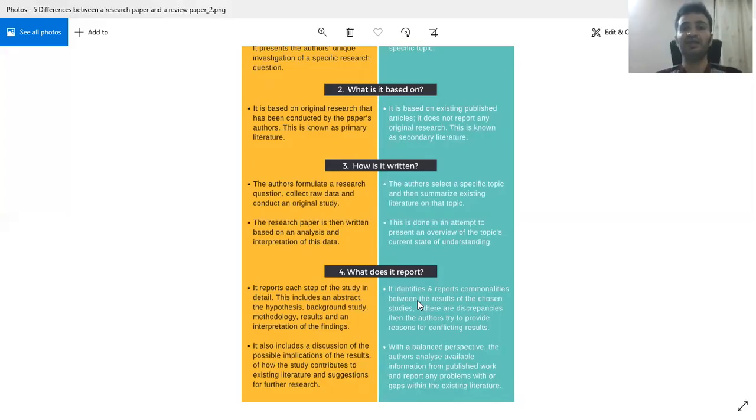As we explained earlier, the review paper doesn't have the methodology or methods and material, and result and discussion sections. These three sections are not available in a review paper. Instead, other sections are available, which totally depend on the topic and the field you work in.